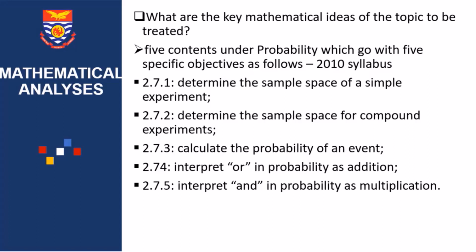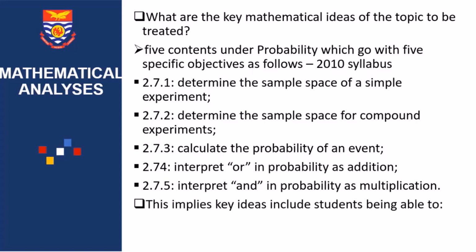So these are the 5 content areas. If you are looking at what key mathematical ideas of the topic students are to know and be able to do, then we can take them from the specific objectives, these content areas.